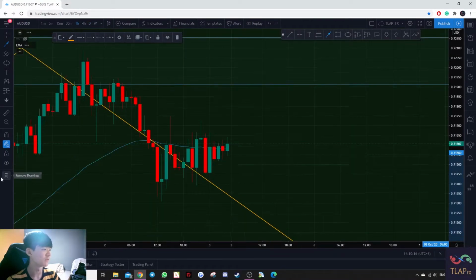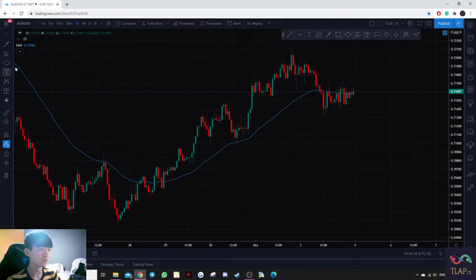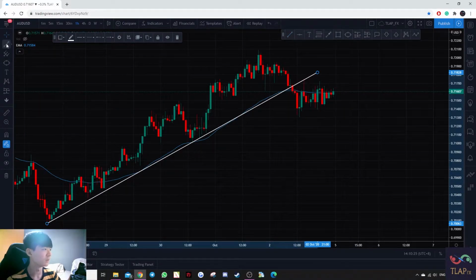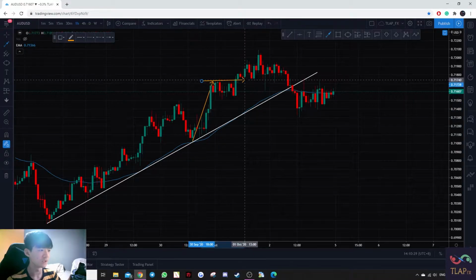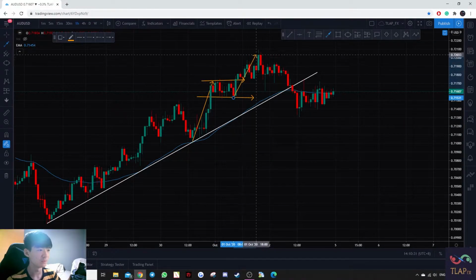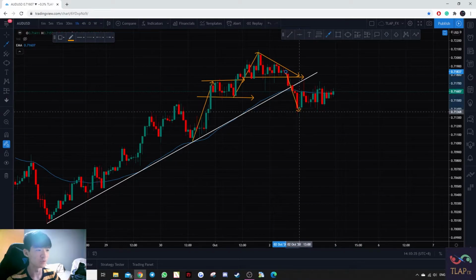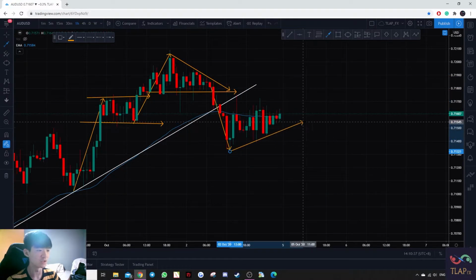Drop down to the lower time frame. You can see that prices actually broke this ascending trend line, and on the way up, right, it made this consolidation break up, made a sideways movement over here, and eventually broke down, and now we are in another consolidation right about here.